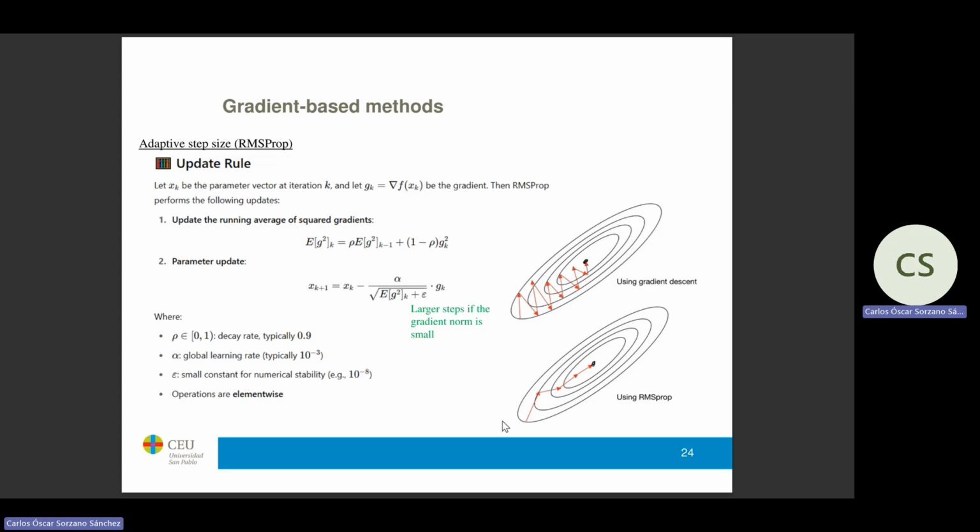Let's think of this minimization as a physical problem. Let's say there is a mountain that I'm going down, and I have a ball with some mass, and this mass starts moving.